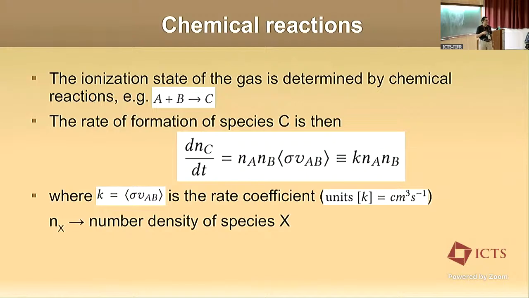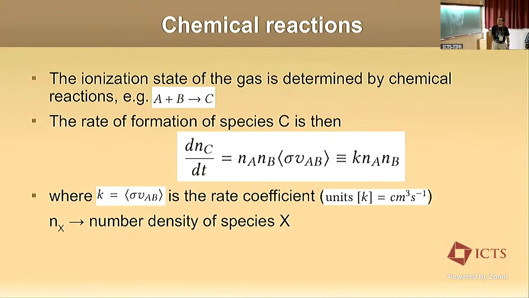There are different kinds of chemical reactions, but because these involve essentially changing the outer layers of the electrons of the atom, they are essentially chemical reactions for us. So that's what we assume. So you have reactions like this. You take two species, you can get a third, or maybe get two and get two others, and so on.